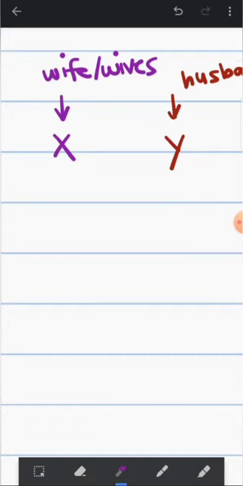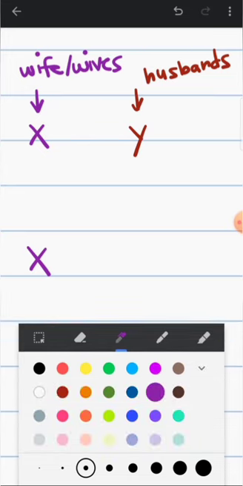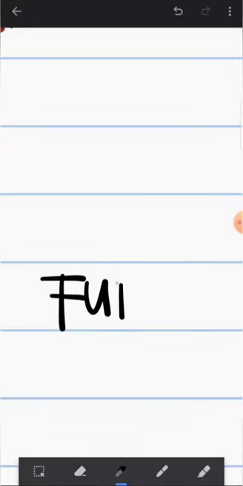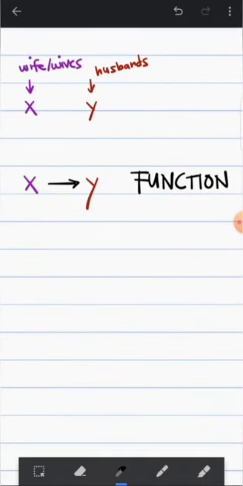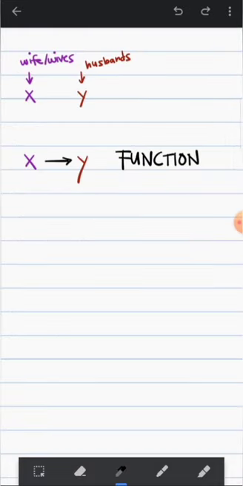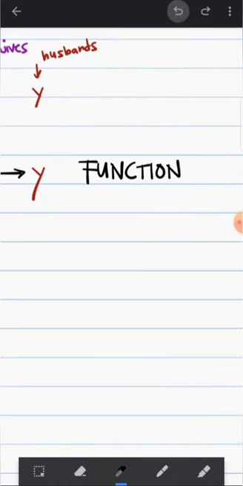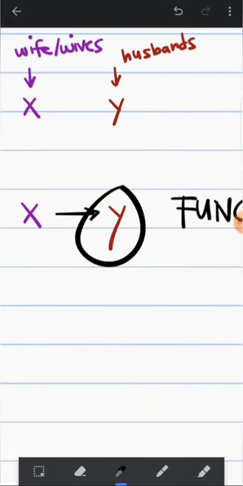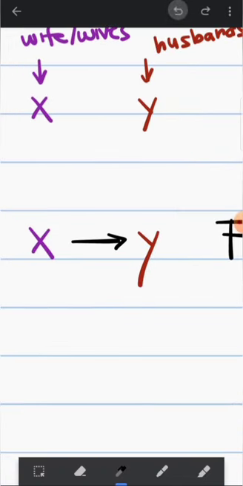If we have a wife that belongs to only one man, or she has only one husband, then this would be a function, because this is our tradition: if you are a woman, you only have one husband. So if a wife has only one husband, it's a function.